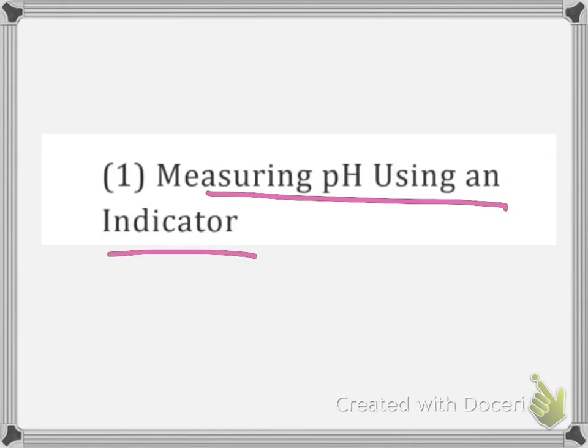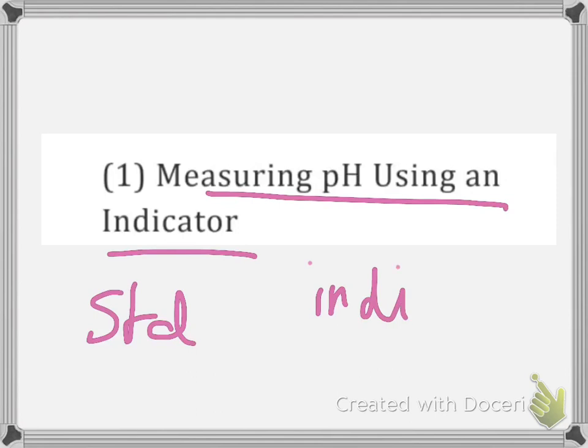The first one involves comparing a standard color corresponding to a known pH with the color of an indicator solution which is dipped in the test solution using a buffer solution.